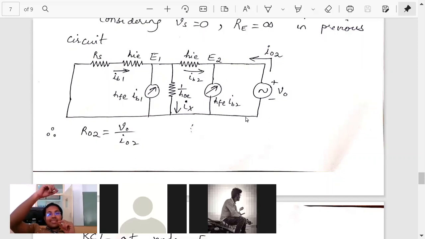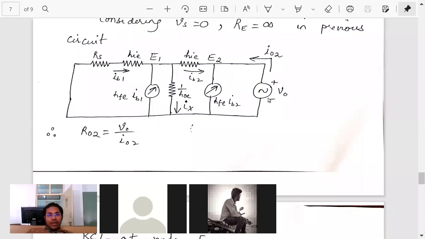You are starting from the same point and paths may be different, but the starting and the end points are the same. So when you add up the voltages, they will be equal.